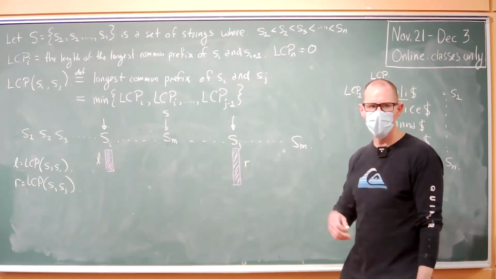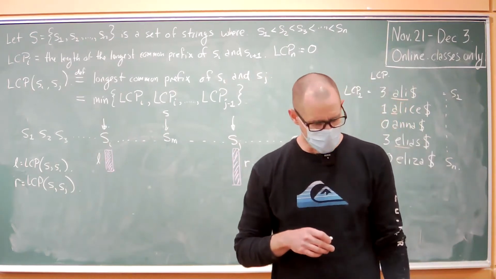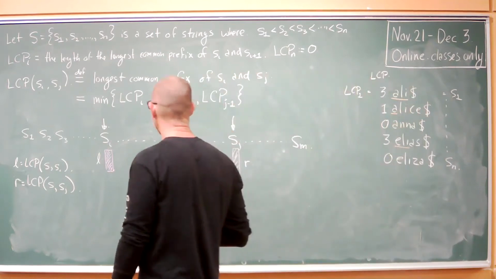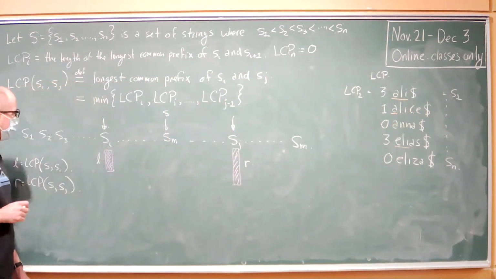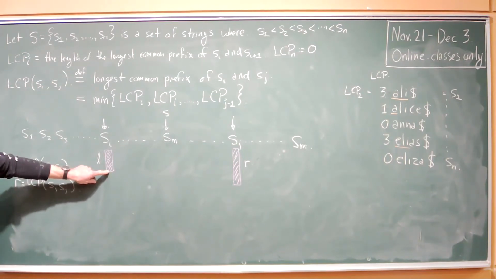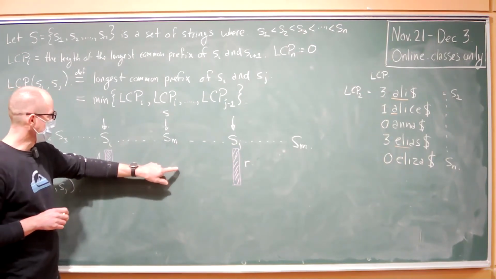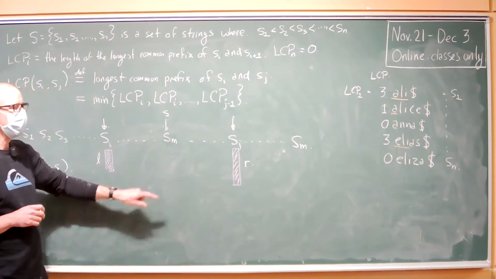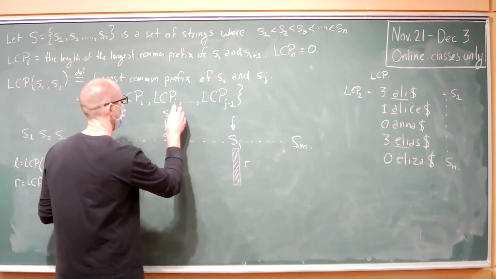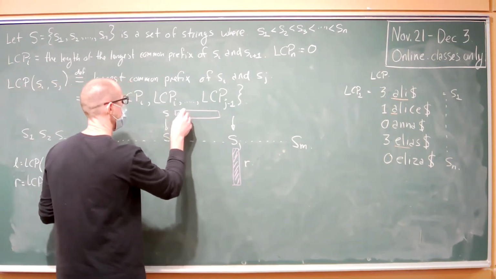It's symmetric if it's the other way around. So what do we know about the longest common prefix between Si and Sm? So if I look at S, it looks like this.